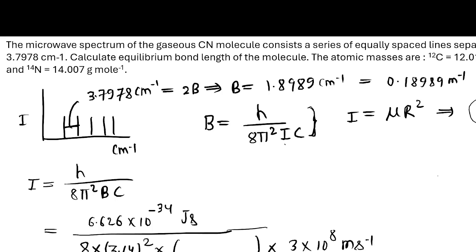Sorry, it's wrong. So it is 1.8989 times 10 to the power 2 meter inverse. We can write this value here.